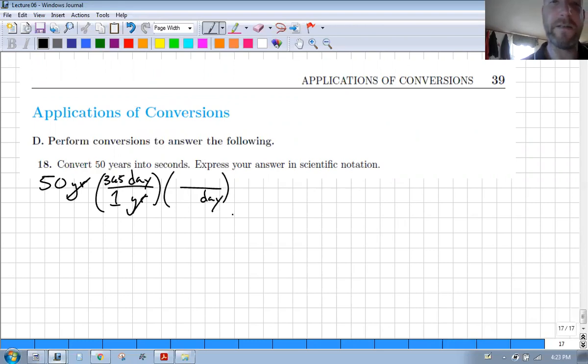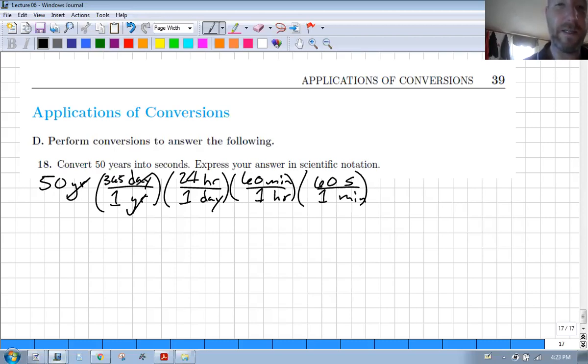Get rid of days for hours, hours for minutes, minutes for seconds. 1 day, 24 hours. 1 hour, 60 minutes. 1 minute, 60 seconds. Days are gone. Hours are gone. Minutes are gone. So 50 times 365 times 24 times 60 times 60 is 1.577 times 10 to the 9th seconds.